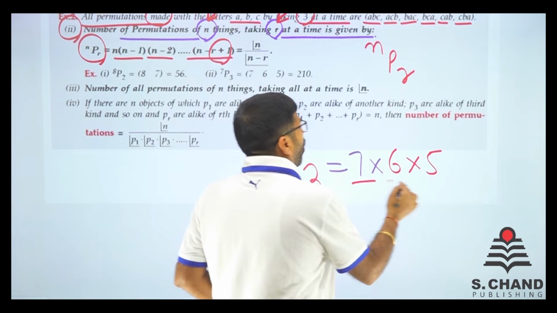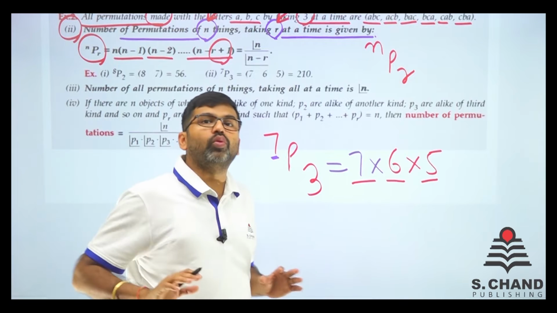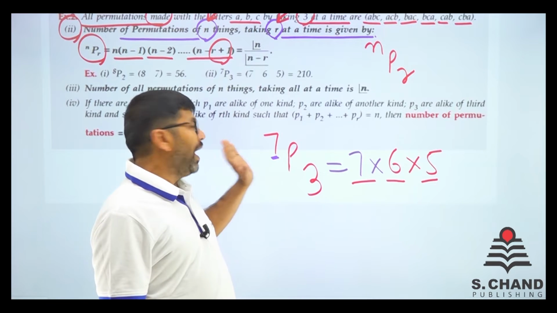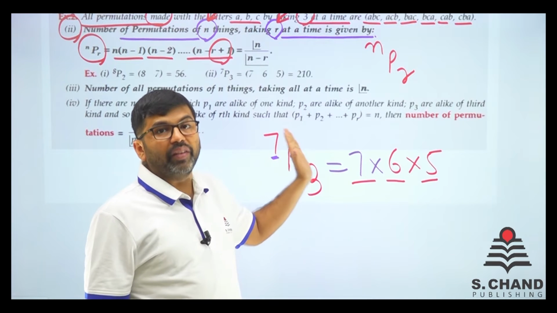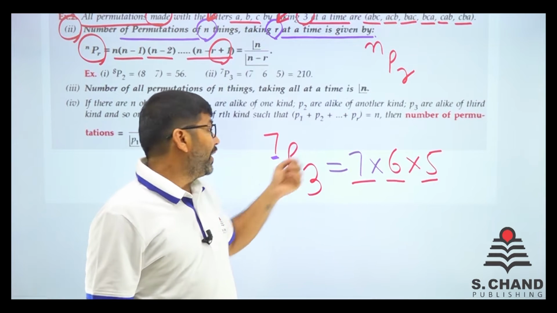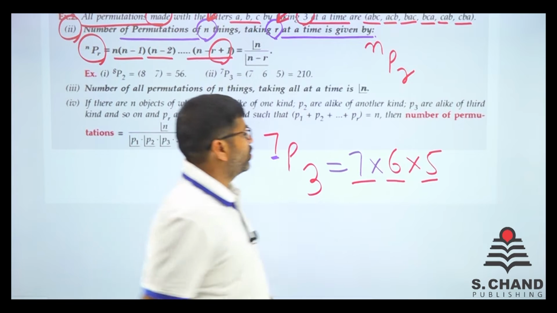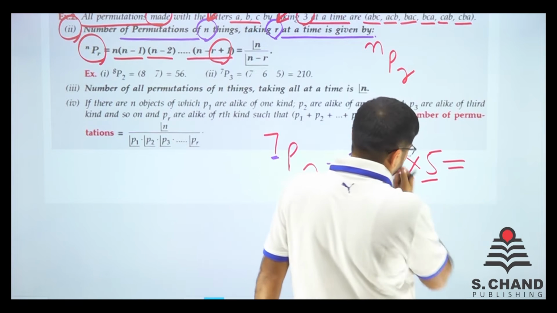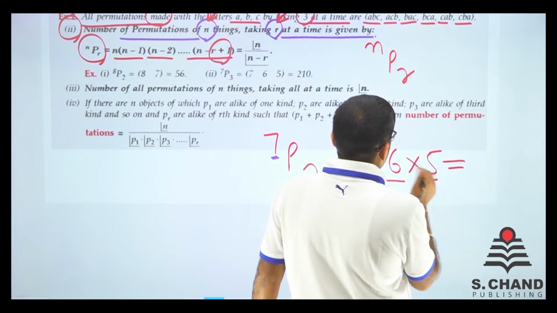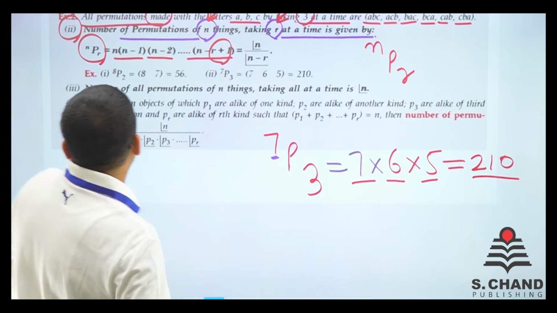That's it. Not much. Very simple idea, very simple way to connect is, you have to write the multiples of 7 to its previous number, to its previous number, to its previous number. Till how many digits? Only 3 digits. So 7 into 6 into 5 is 210. That's it, right?